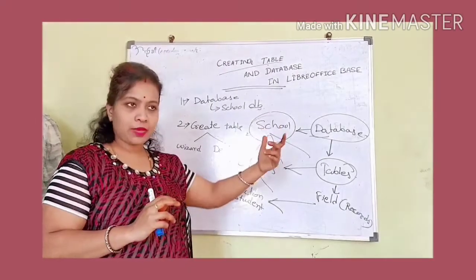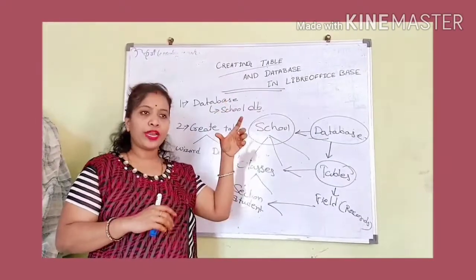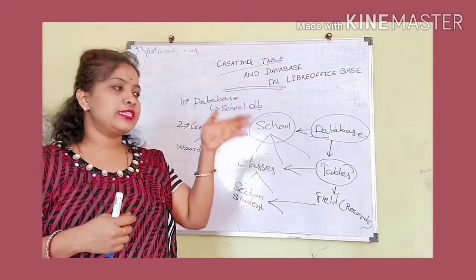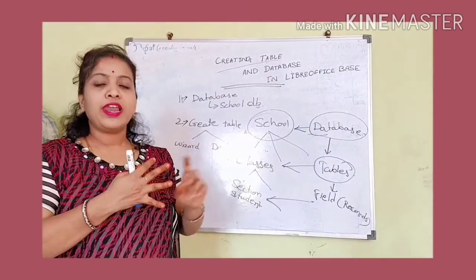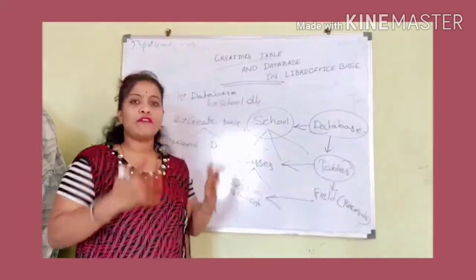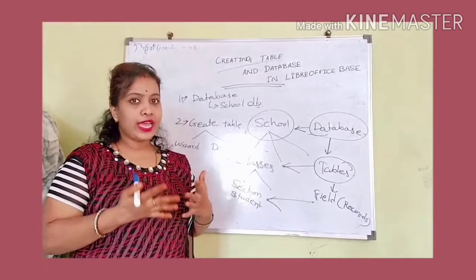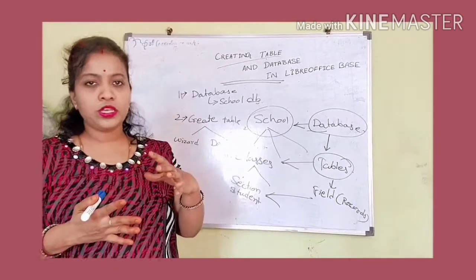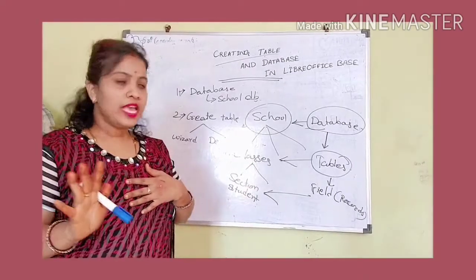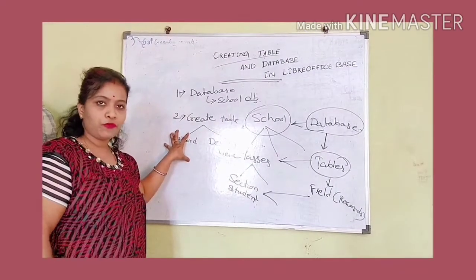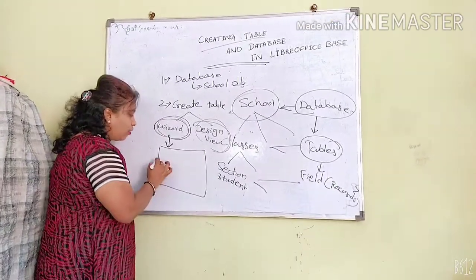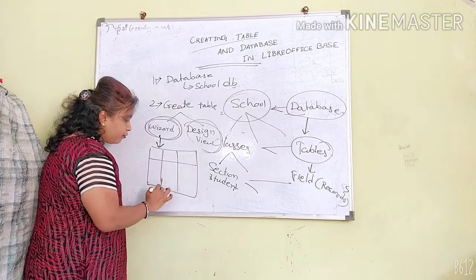So you can select a table, and in the same way you get so many fields related to that table. For example, when I click on an employee table, I get the employee field details, that is first name, second name, last name, address, city, contact number, postal code, everything. But you can choose only those fields which are necessary for your table. By using the wizard, you can create a table with predefined fields.